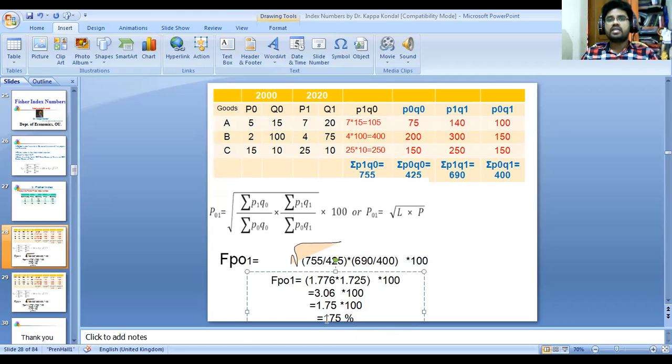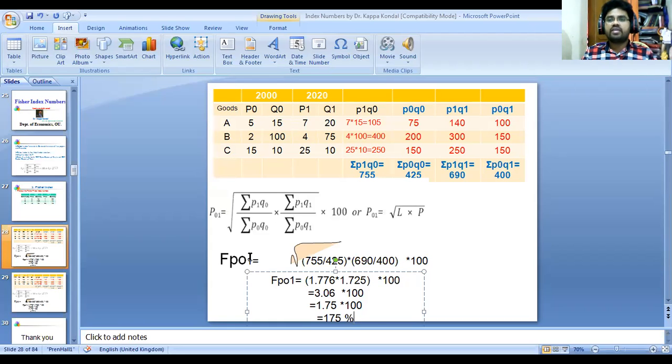When you take into consideration these two values, Laspeyres and Paasche, Laspeyres shows the upward bias, which is 177.6%. Whereas the Paasche value is lower, the downward bias and lower limit, which is 172.5%. As I told you, the Fisher index number gives the value which is between the Laspeyres and Paasche.